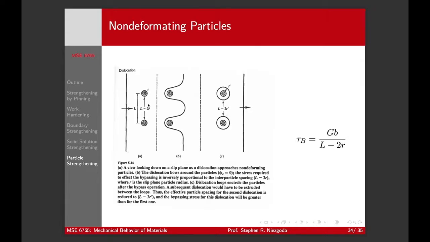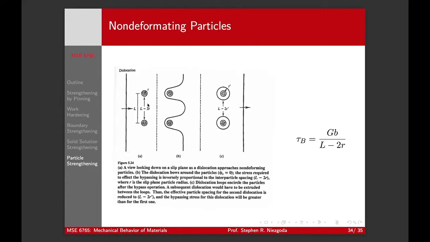Right? So here we're looking down. We have this particle separation. The channel width between these two particles is the distance minus 2 times the radius. Right?